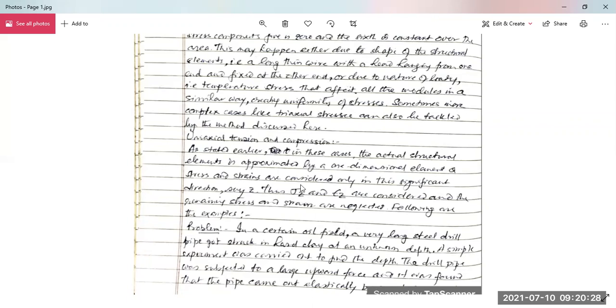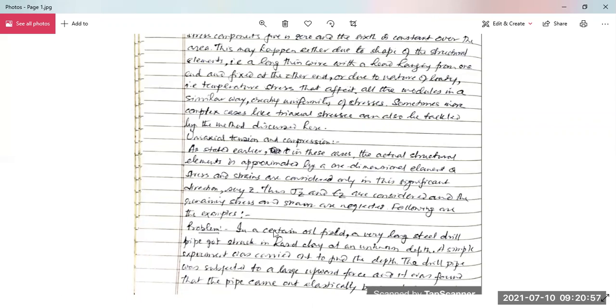So here the gauge length is equal to 20 centimeter, or 0.2 meter. The delta capital L is equal to 1 meter itself, since the pipe came out elastically by 1 meter.